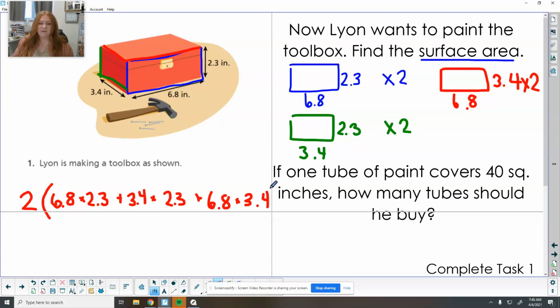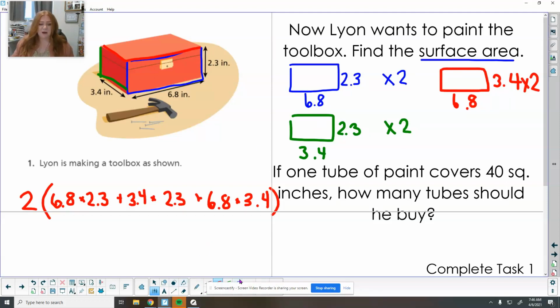So we have each of those sides. So we're going to find the front, the side, the back, or the top. So we found each of the sides, added them together, and then we're going to double it, is how you would write that formula out. Or you can just do it piece by piece. Find this one times by 2. Find this one times by 2. Find this one times by 2.